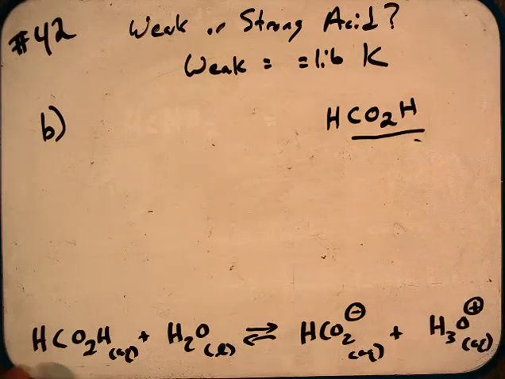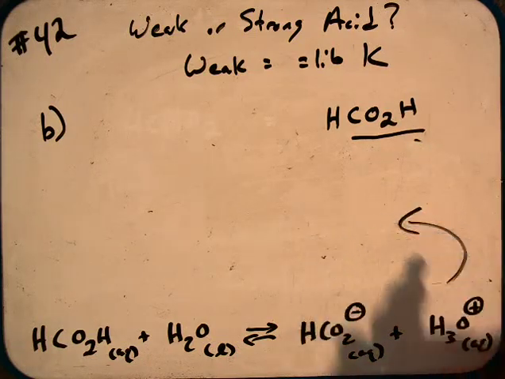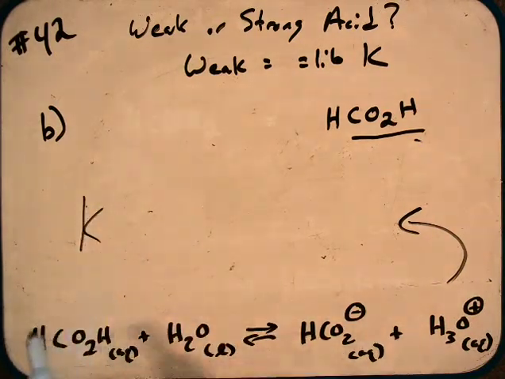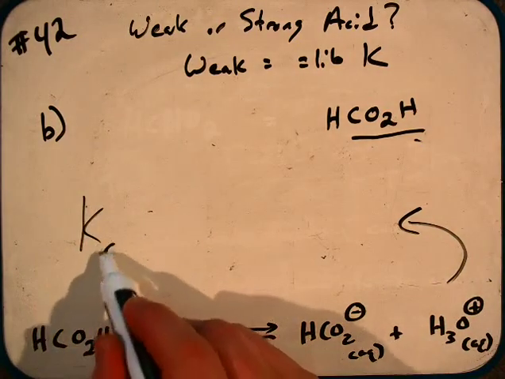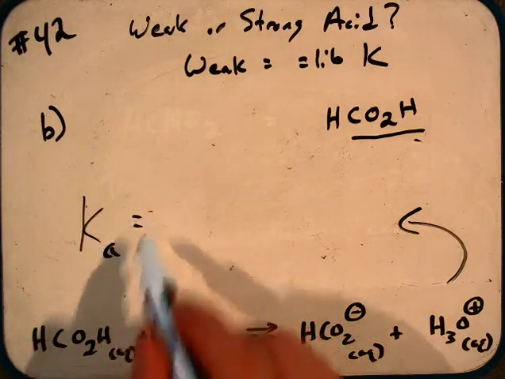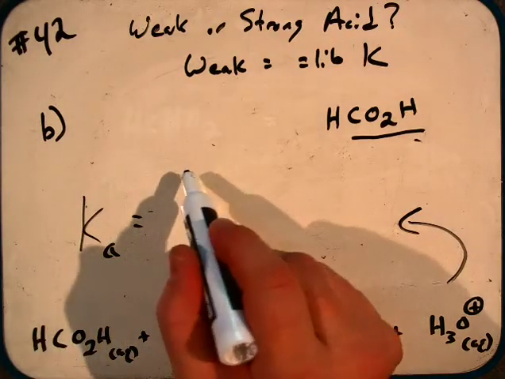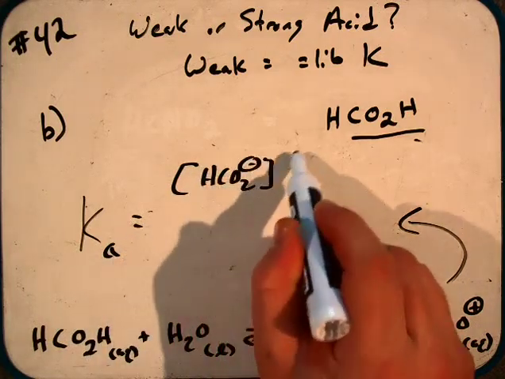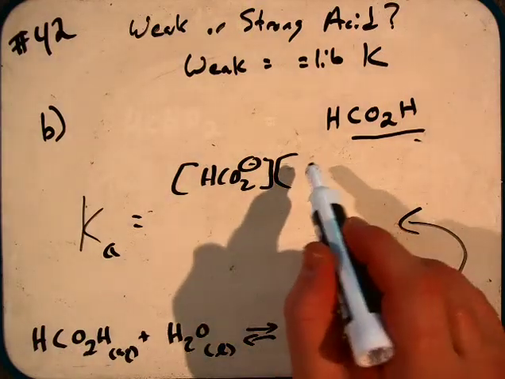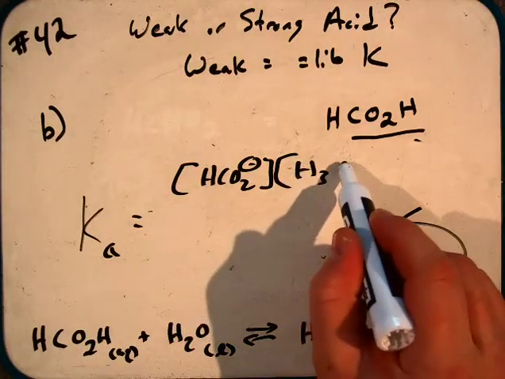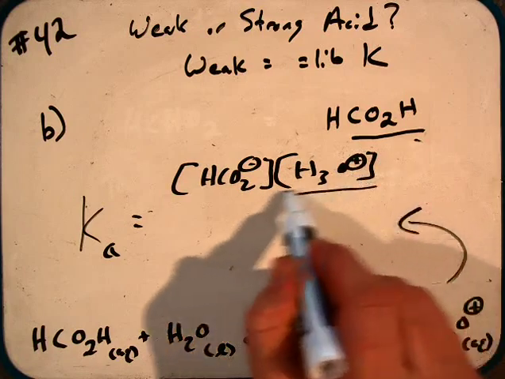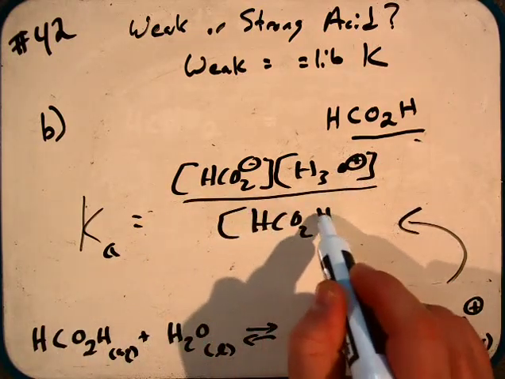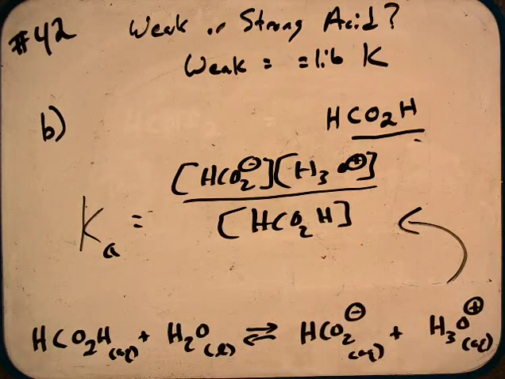And so from that equilibrium reaction, we can now draw an equilibrium equation with regards to Ka. And that would be just like from chapter 14, our products over our reactants.